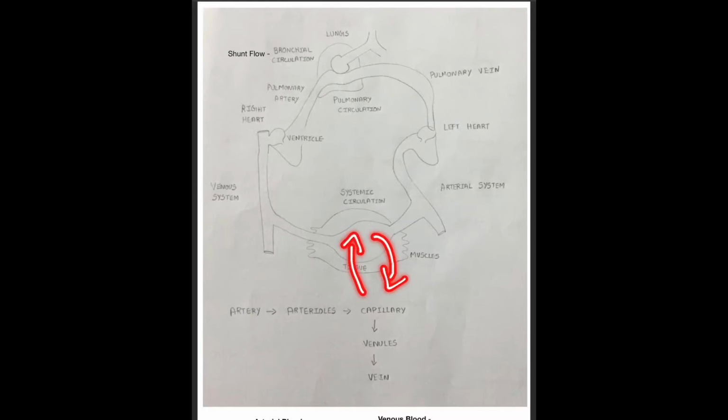The oxygen level in the blood is decreased and the carbon dioxide level is increased. So the partial pressure of oxygen in the deoxygenated blood, that is the blood which contains high carbon dioxide, is 40 millimeter of mercury.